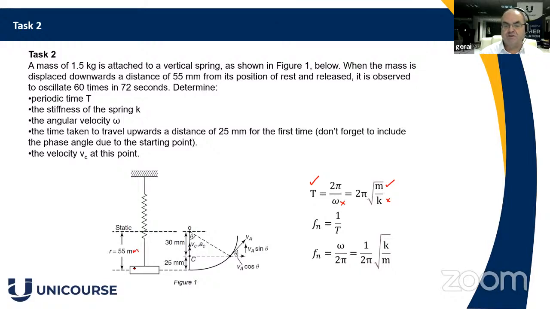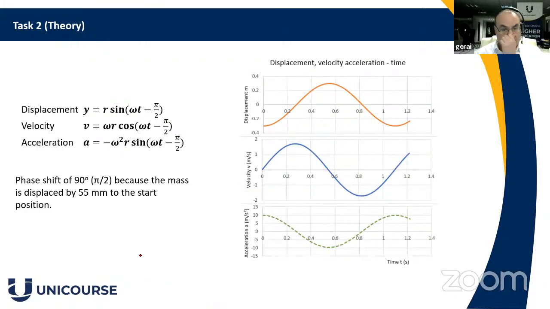So you pulled it down 55 millimeters and you want to find the time it takes to travel upwards from when you've displaced it by 55 millimeters to go up by 25 millimeters. So we've got to add a phase shift because the start point is at the deflection of 55 millimeters. That equates to a 90-degree phase shift, which is pi over 2 in radians.